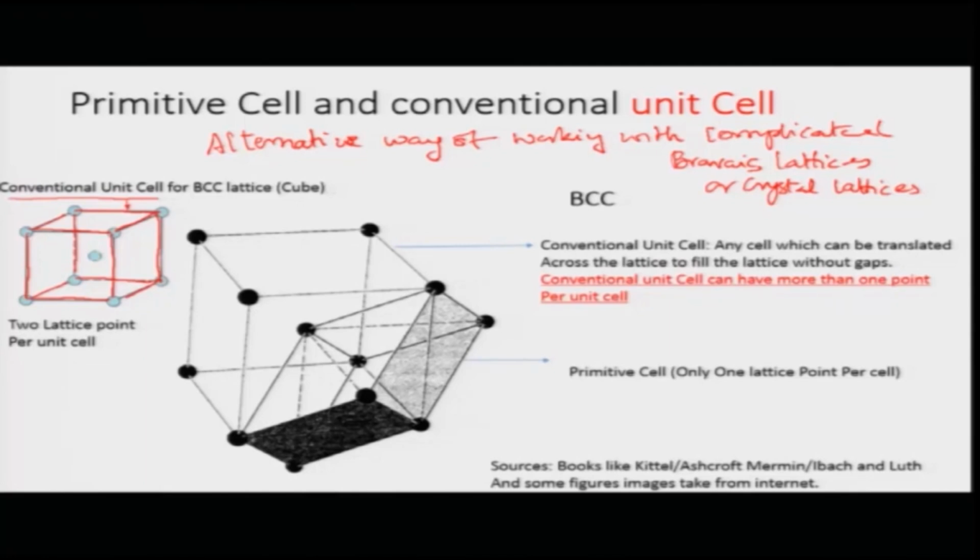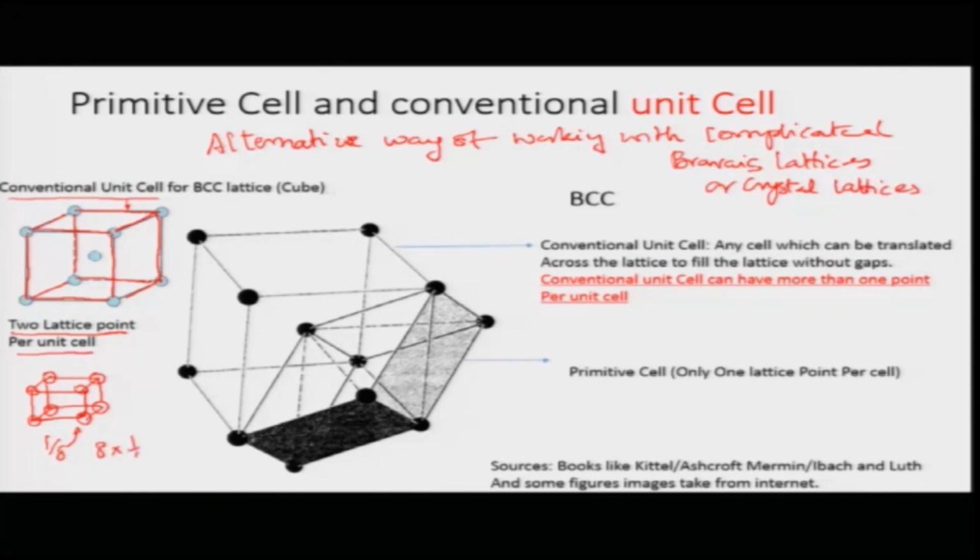requirement is now that associated with this cube there will be 2 lattice points per unit cell, because a simple cube, as I had told you earlier, has only one lattice point per cell. Recall that if you consider this cube and if you have spheres at the corners of the cube, only 1/8 of each belongs to this cube, and there are 8 such points.